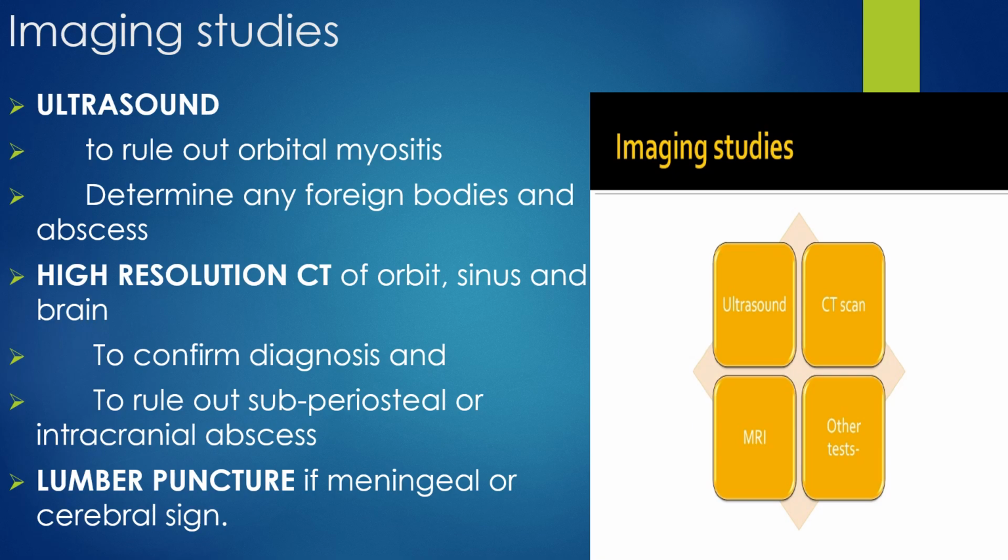High resolution CT of the orbit, sinus, and brain is performed to confirm the diagnosis and to rule out subperiosteal or intracranial abscess. In some cases, when there are meningeal or cerebral signs, we may have to perform a lumbar puncture.